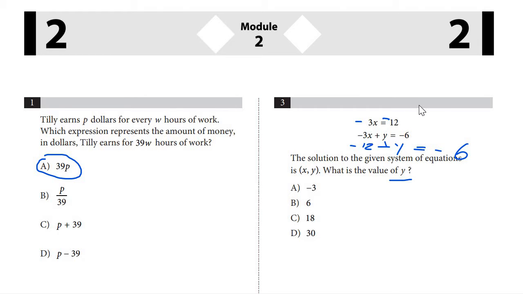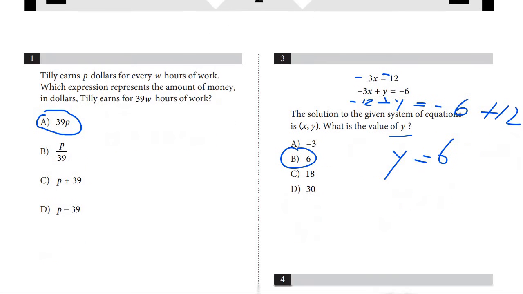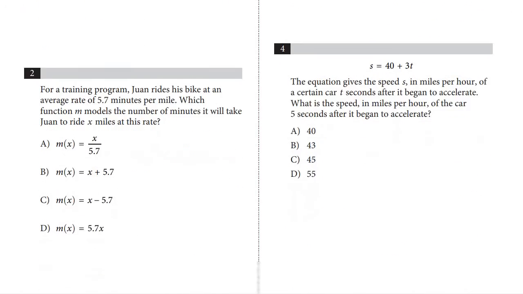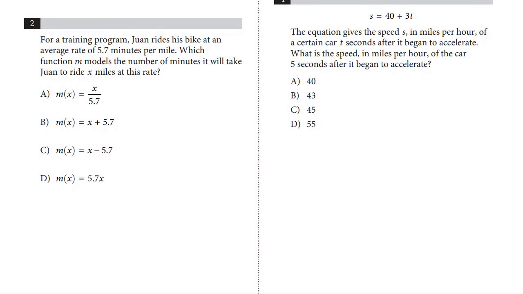So in order to solve for y, you just add 12 on both sides. So 12 added to negative 6 will give us 6, and that's option B. That was way less time than 90 seconds. So that's good. You can use that extra time for other problems.